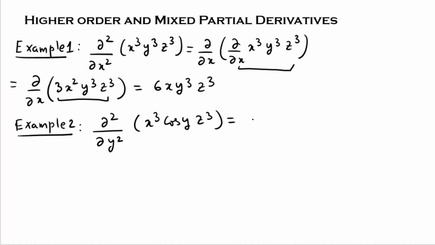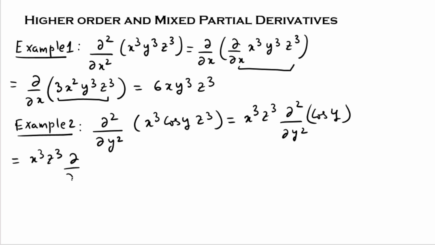This can be written as, since x³ and z³ are to be treated as constant, we can write it as x³z³ ∂²/∂y² cos y. X³z³ ∂/∂y of ∂/∂y cos y.